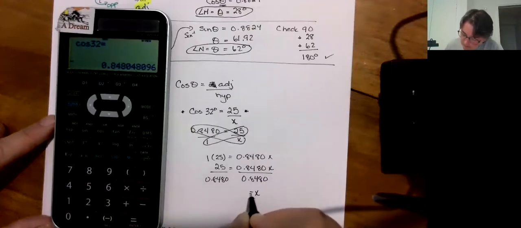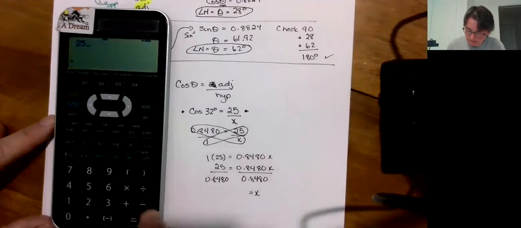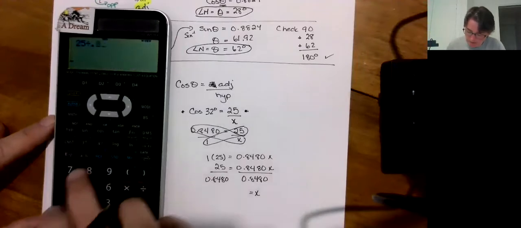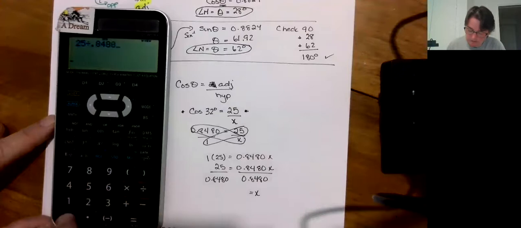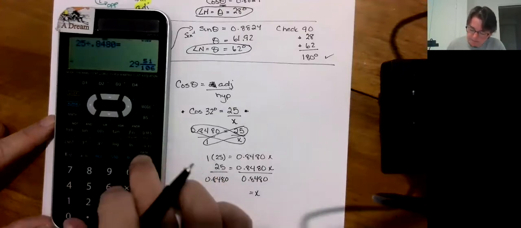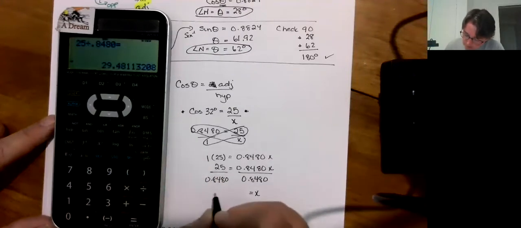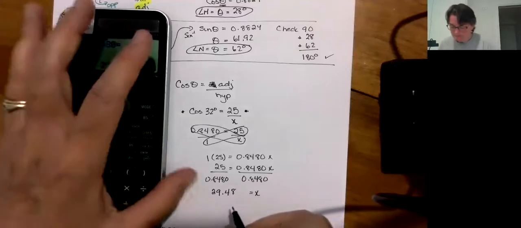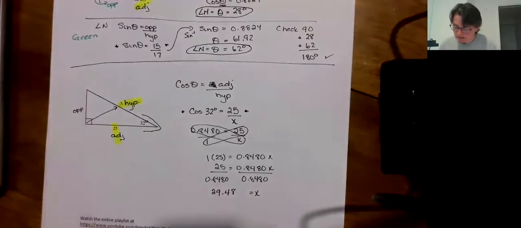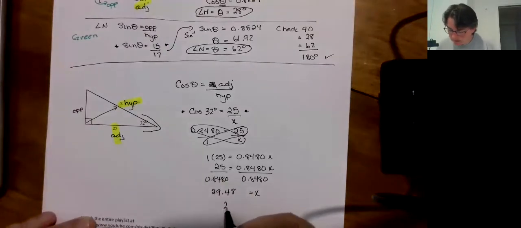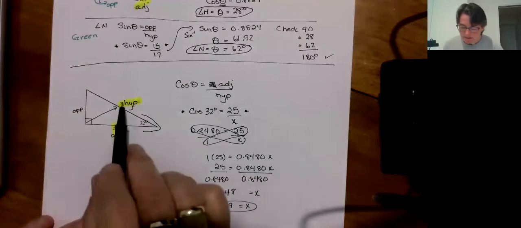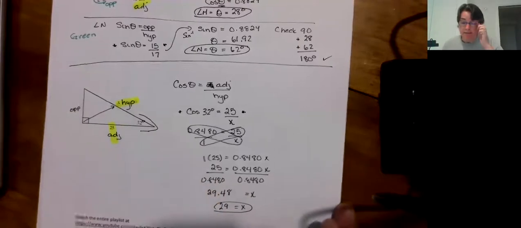So x is going to be 25 divided by 0.8480. 29.48. And I'm looking at the question, that's whole numbers, so we'll go 29 equal to x. No units there, so no units down there.